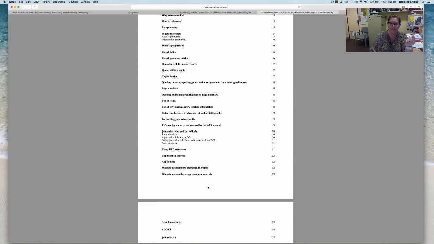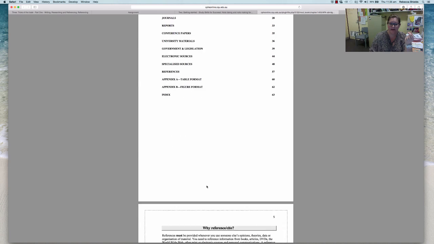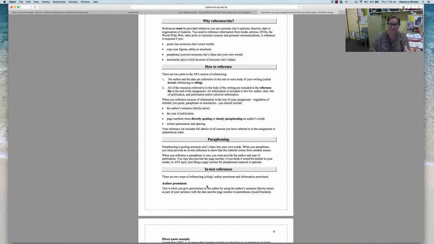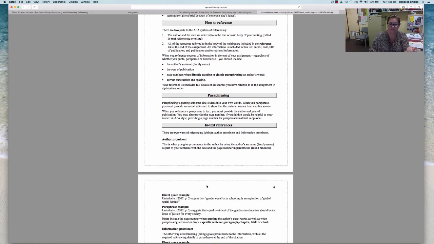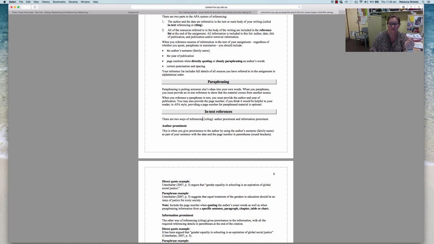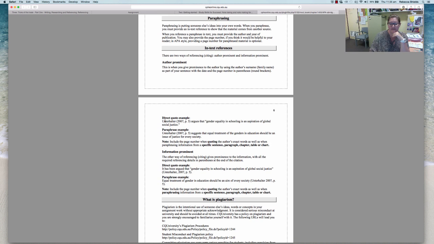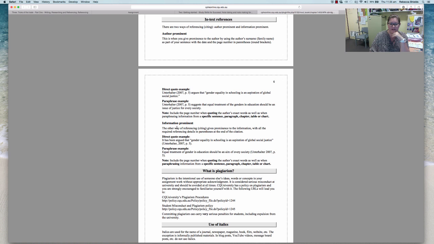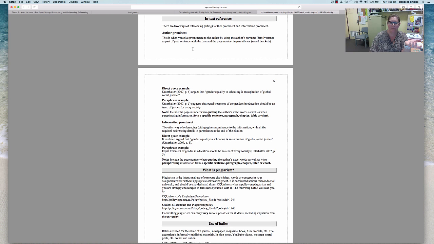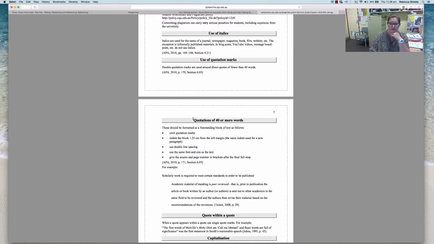And if you have a look, it tells you about how to reference, why to reference, how to paraphrase, so putting somebody else's words or ideas into your own words. It tells you about direct quoting or paraphrasing, information prominent direct quotes, author prominent, which means you put the author's name first before the information, all of that sort of stuff.